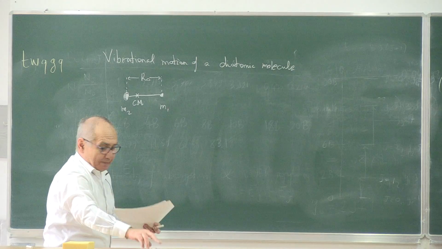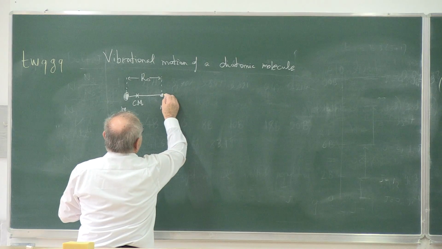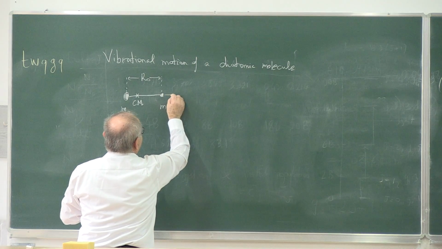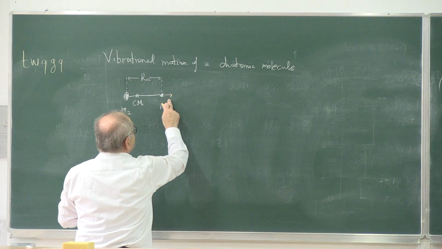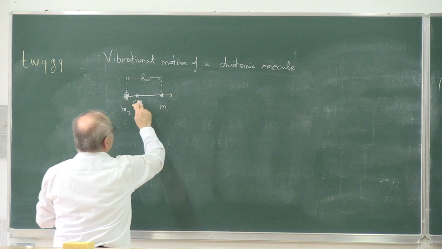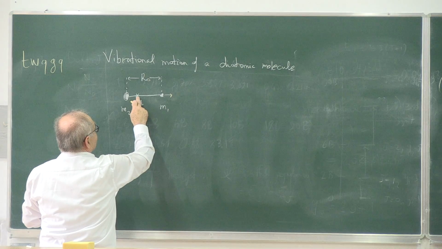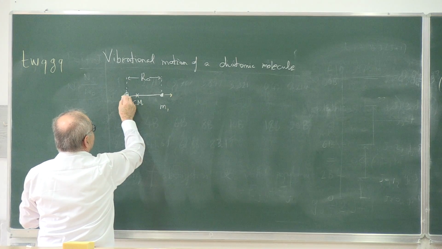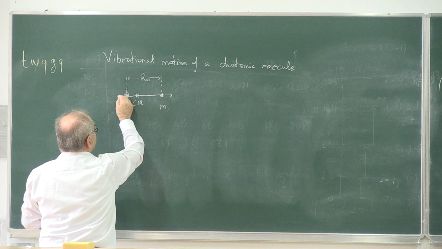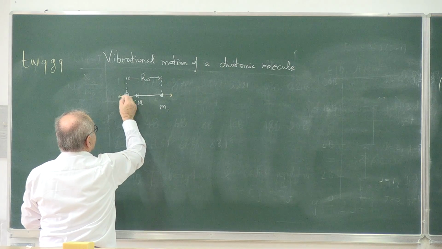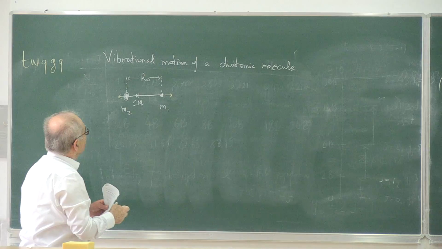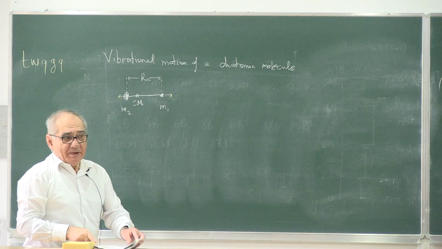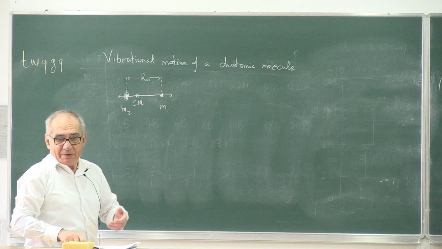So when this atom is moving to the right by some distance, in order to guarantee that center of mass doesn't change its place, this atom must move in the opposite direction. This is by definition of vibration.